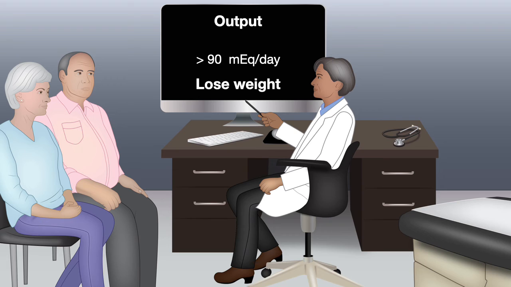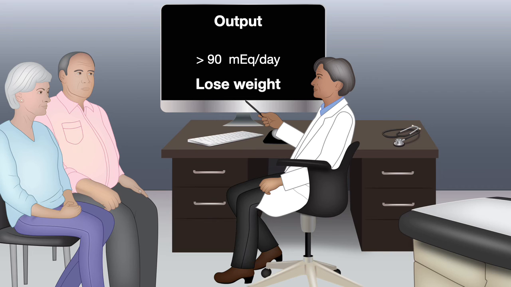So, this is probably true in patients with mild ascites with a relatively well compensated liver disease who can go on a salt restricted diet. But for the most part, being on a salt restricted diet for long periods of time is not practical.